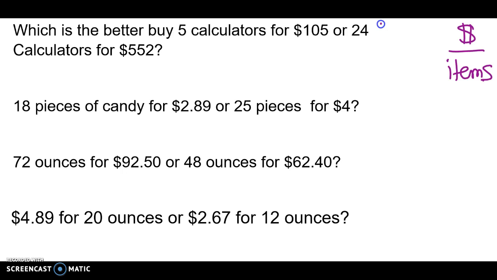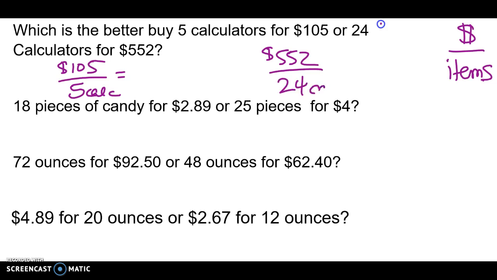So I have to write them both down. First option, 105, label it for 5 calculators. Or 552 for 24 calculators. So take a second to divide both those in your calculator and label them.